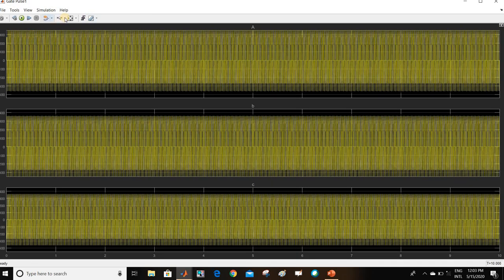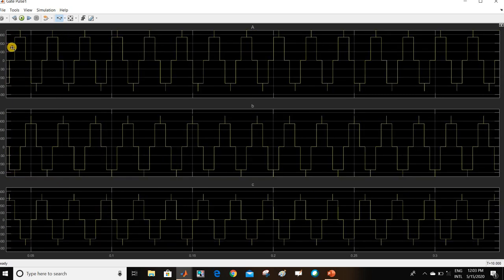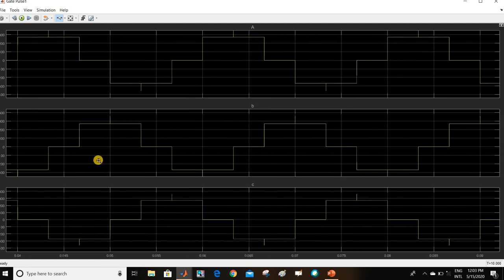Select this. This will be the waveform we are getting as per your theoretical model. So how can you verify this?